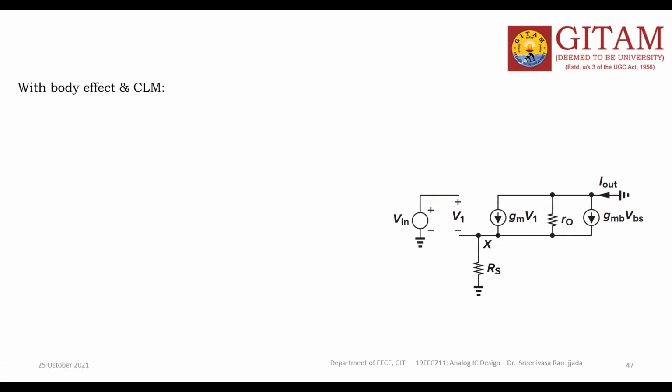So you can write here V1 is equal to, the current through RS. This is the current, Iout is appearing here, so the same current is emerging from this one.